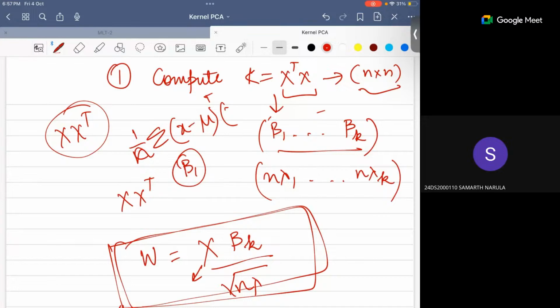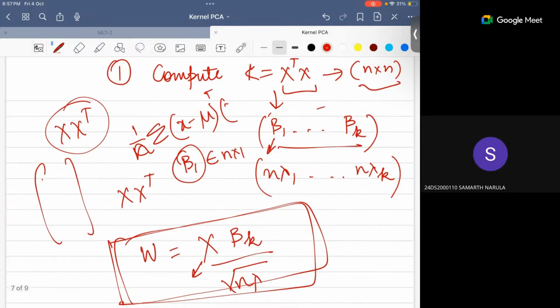Beta is the eigenvector, right? It's a one column vector, so the dimension will be n cross one, right? It's a column vector.